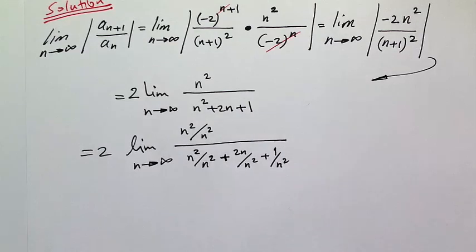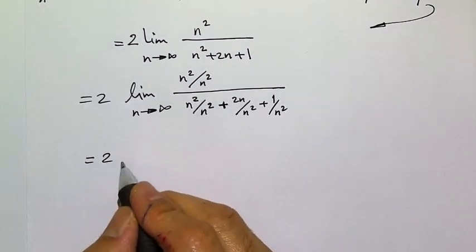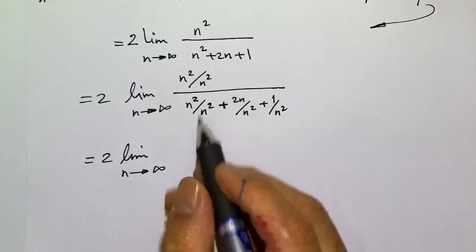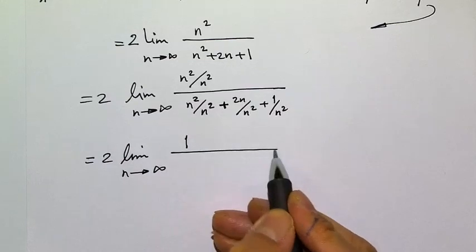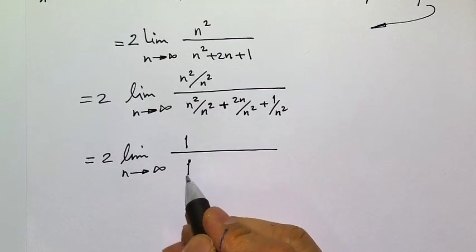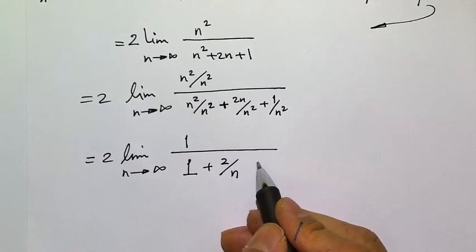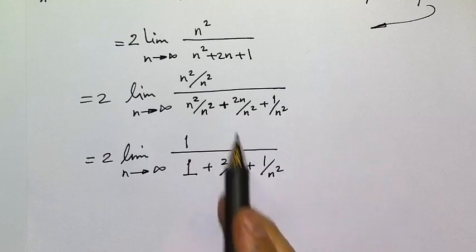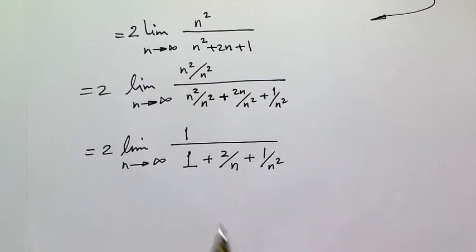Okay. So we have 1 divided by 1 plus 2 divided by n plus 1 over n squared, right? So now if you apply the limit, what do we get?